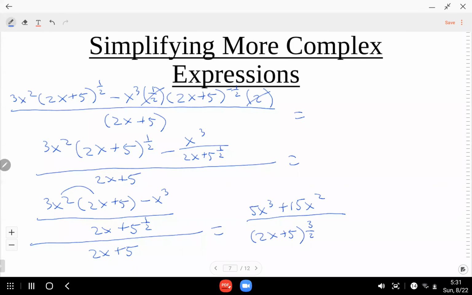And if you want to simplify further, you can take a 5 out and an x. So let's simplify further. What was it? X plus 3. So then you're done, right? Great. You're done.